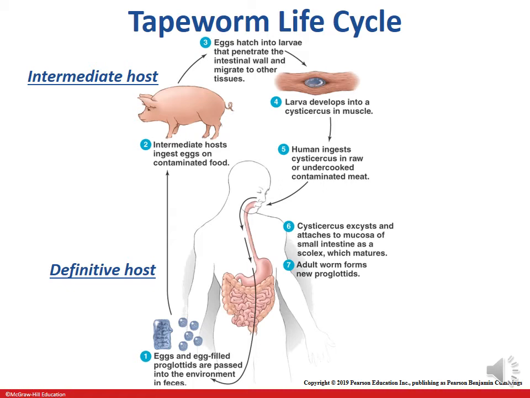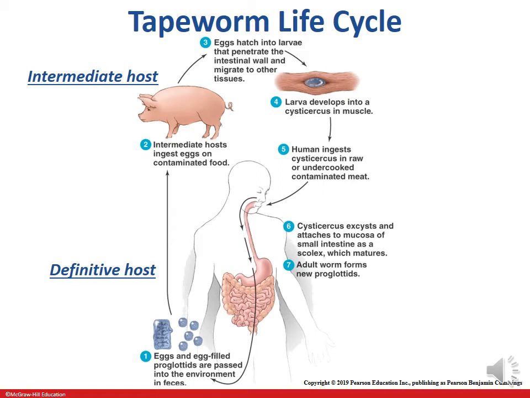Now, keep in mind, if humans were to ingest the egg stage rather than the larval stage, then if the egg hatches in the human body, that larvae would then migrate around its body and embed itself in tissues. And so it could embed in the cardiac muscle of the heart and cause heart problems.